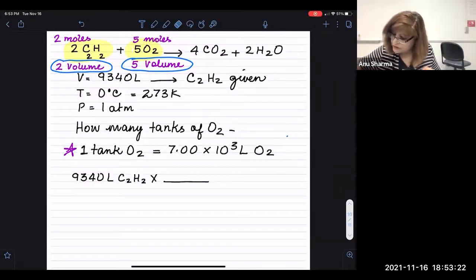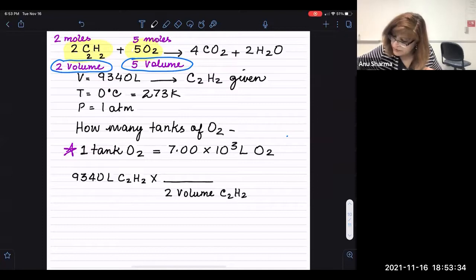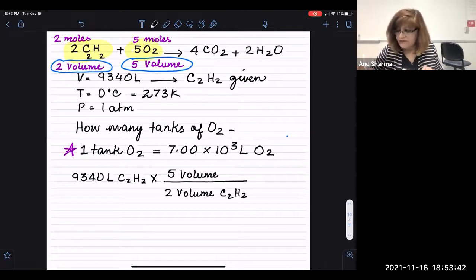Let's see this. So we are given 9340 liters of acetylene, and 2 volumes of acetylene C2H2 needs 5 volumes. So in other words, 9340 liters of acetylene would need how many volumes of oxygen?